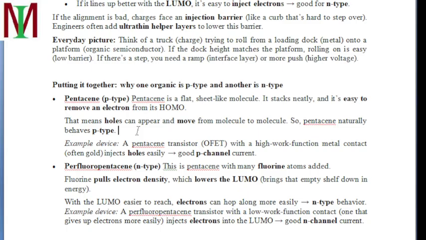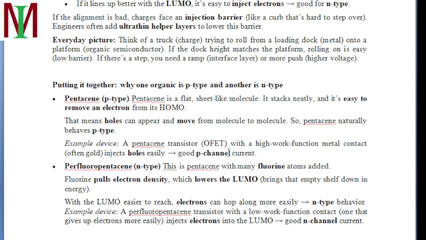So an example device is a pentacene transistor, an organic field effect transistor. OFET means organic field effect transistor. Field effect transistors you might have heard of. Field effect transistors means the movement of electrons is affected with a field, and if the field is created with an organic molecule, we call it an organic field effect transistor.